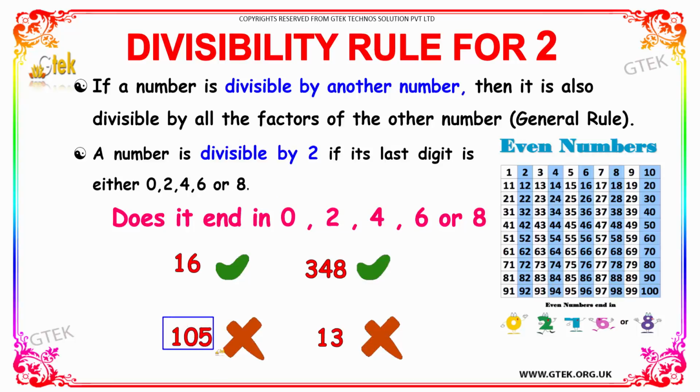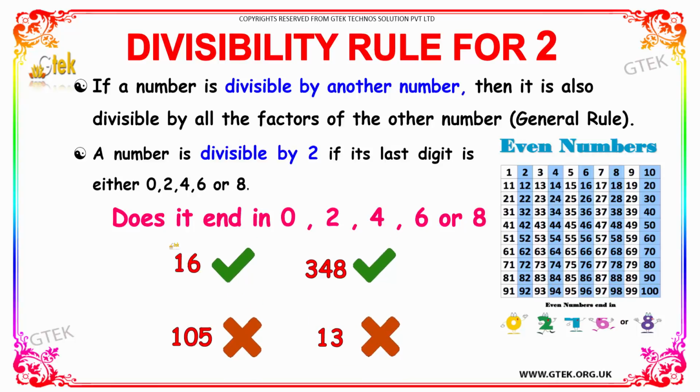Is 105 divisible by 2? No, since the last digit, which is in the units place, is 5. It is not a multiple of 2. Is 13 divisible by 2? No, since the last digit is 3, which is not divisible by 2.